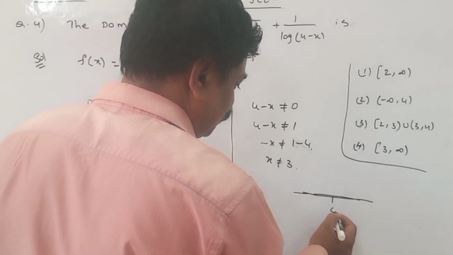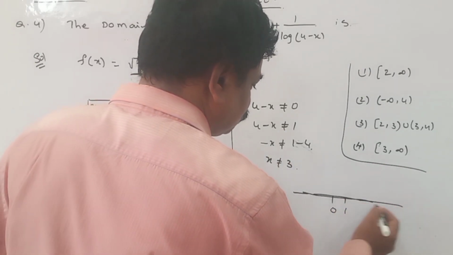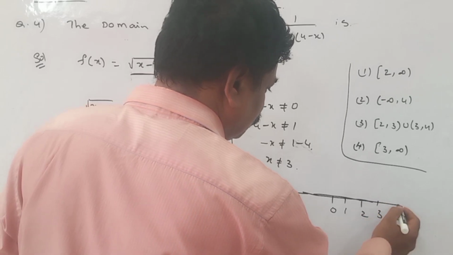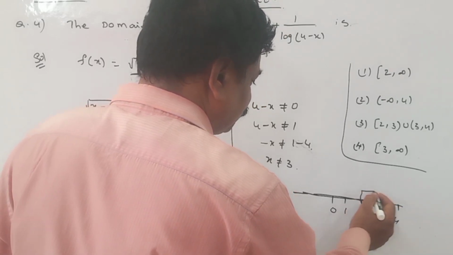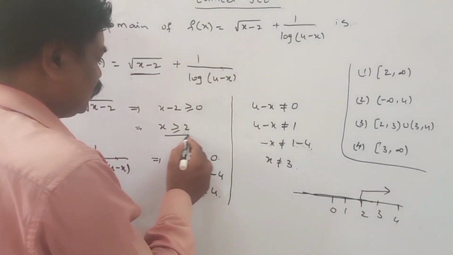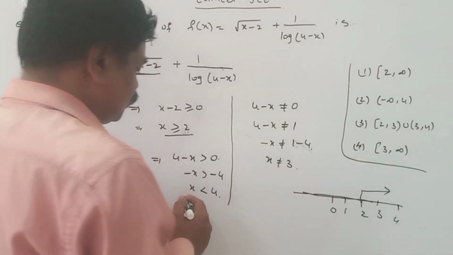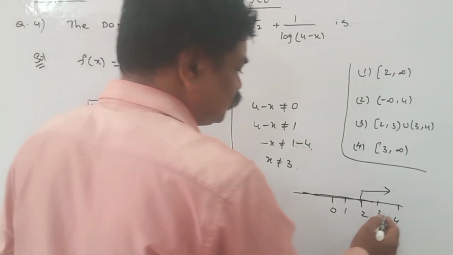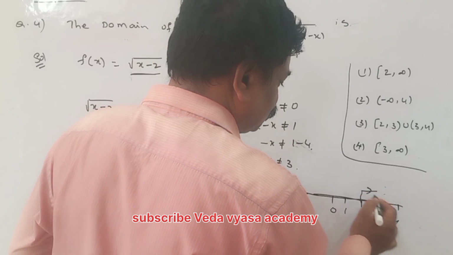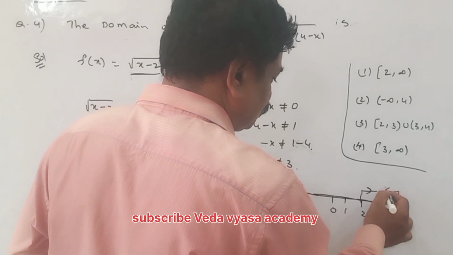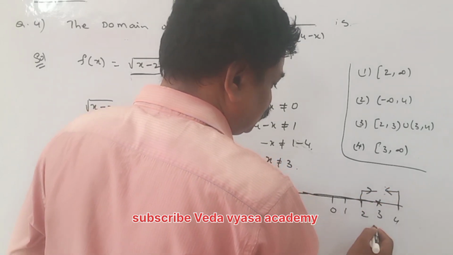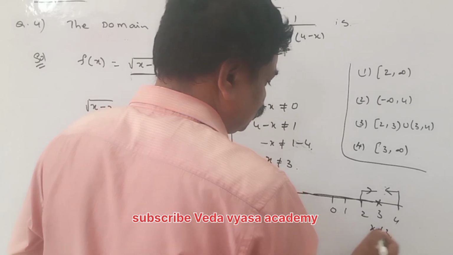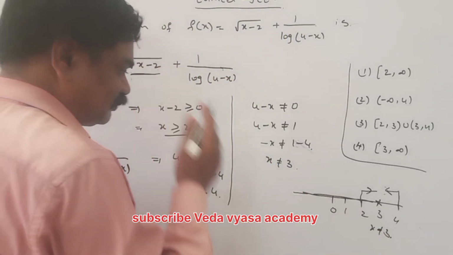So we draw the number line: 0, 1, 2, 3, 4. x is greater than or equal to 2 and x less than 4, but x does not take the value 3.